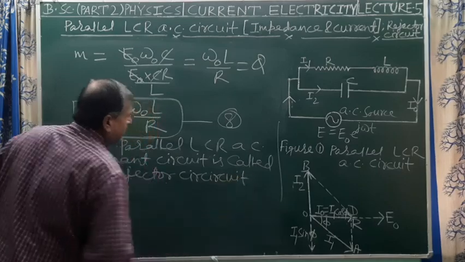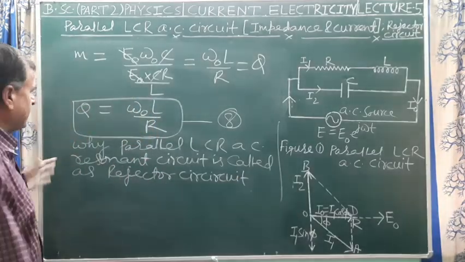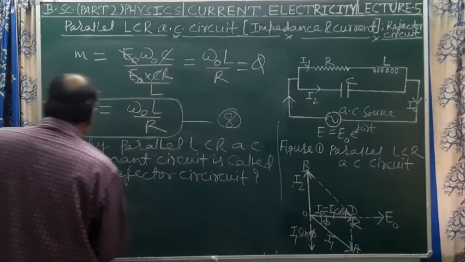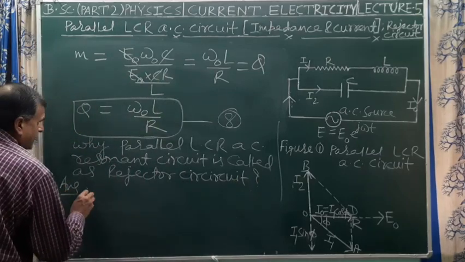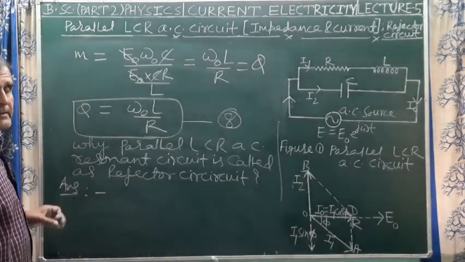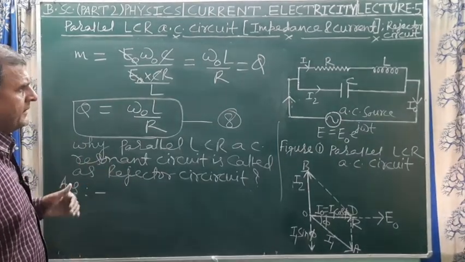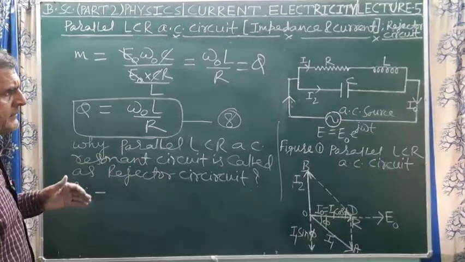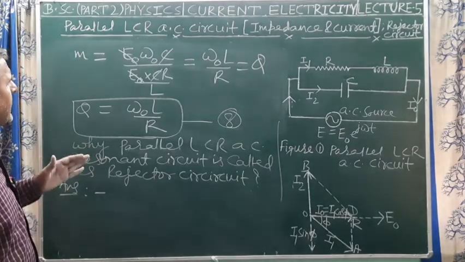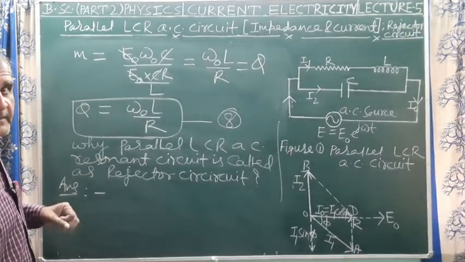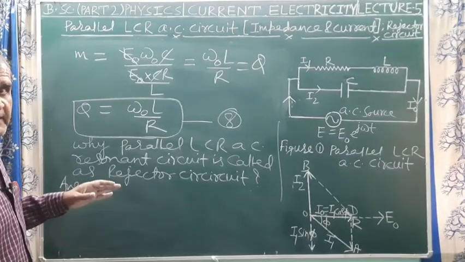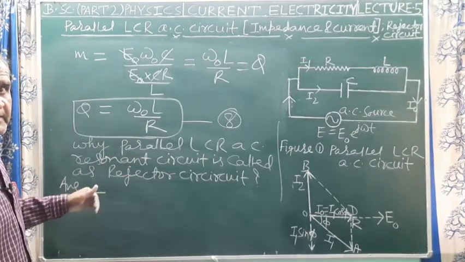Why is the LCR parallel AC resonance circuit called a rejector circuit? The answer is because at resonance, the current that flows in the LCR parallel AC circuit is very small because resistance capital R is very small.